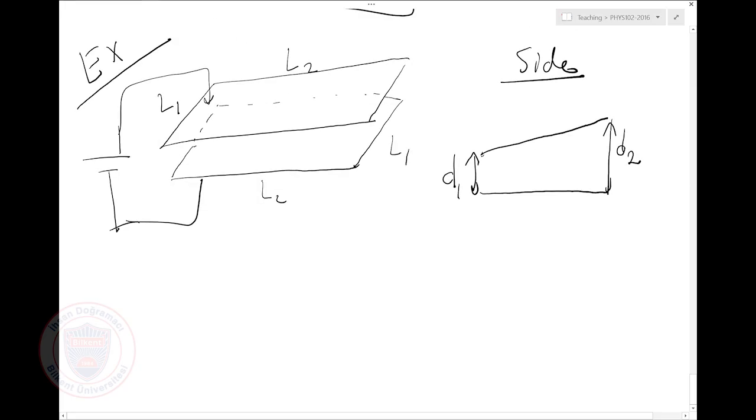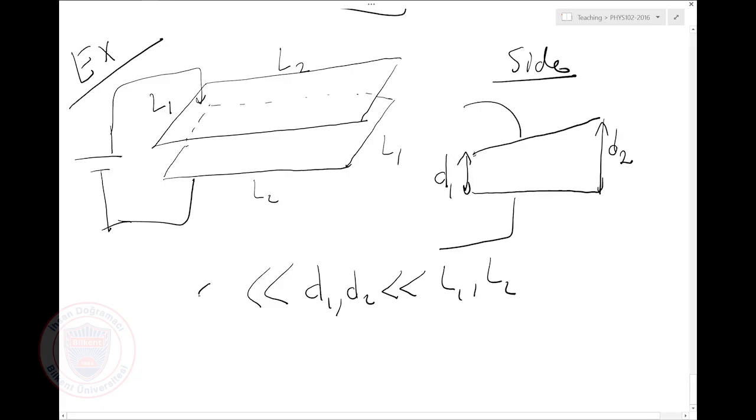But I'm going to assume the following. I'm going to assume that both D1 and D2 are much, much smaller than L1 and L2. Furthermore, the alignment is almost perfect. It's only a small mismatch. All right? Now, why am I assuming this?